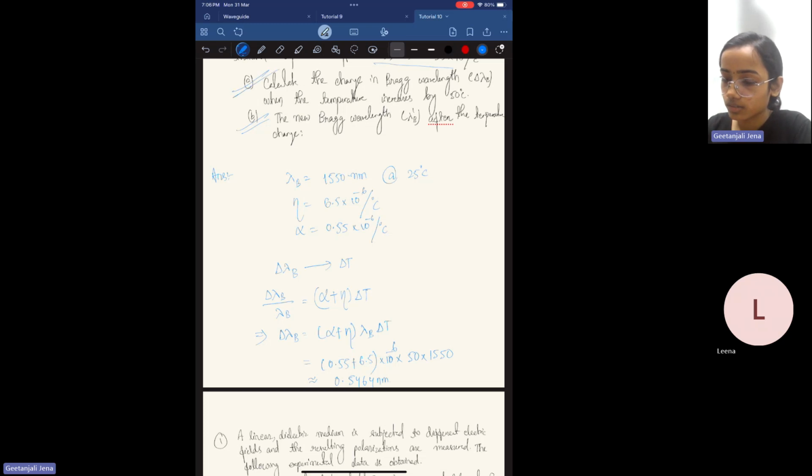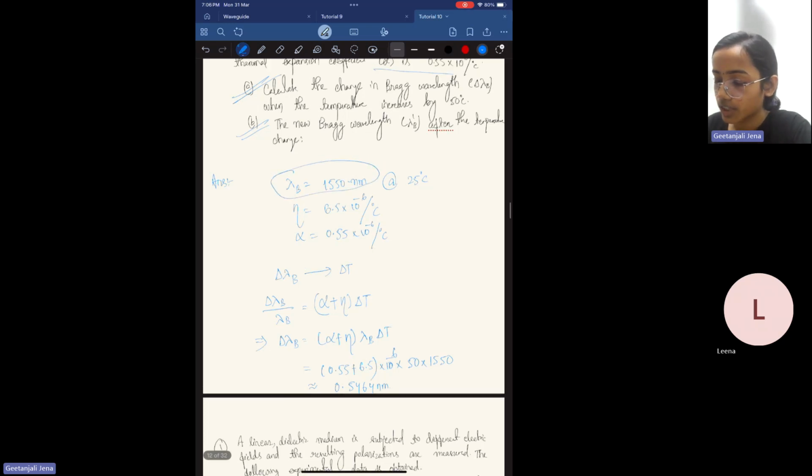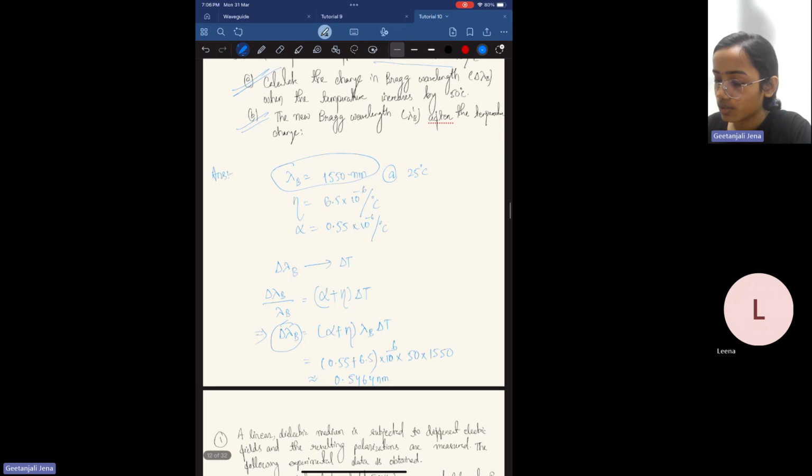Okay, so we know the answer for delta lambda B, and finding the new Bragg wavelength is easy because lambda B is already given and we know delta lambda B. So the new Bragg wavelength lambda B prime is lambda B plus delta lambda B, which is 1550 plus 0.5464.